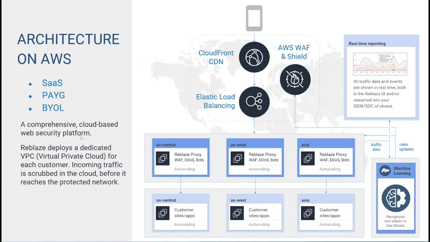Reblaze converts AWS WAF and AWS Shield into an autonomous system which reacts immediately to every type of attack and continually adapts to the ever-changing internet threat environment. It's important to mention that Reblaze deploys a unique virtual private cloud per customer that includes a load balancer, Reblaze proxies, minimum 2, because we are always deployed in multiple zones, and a management console.